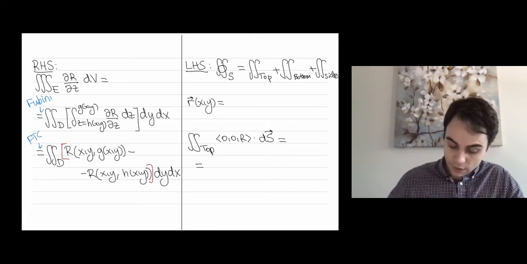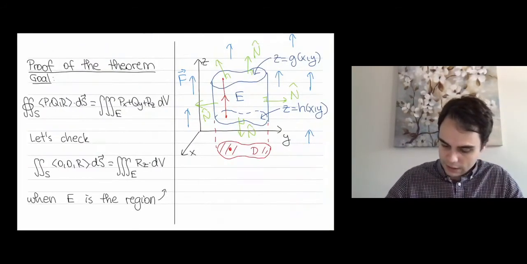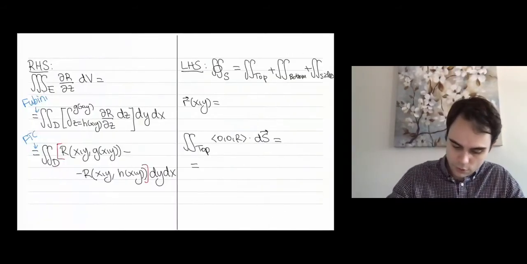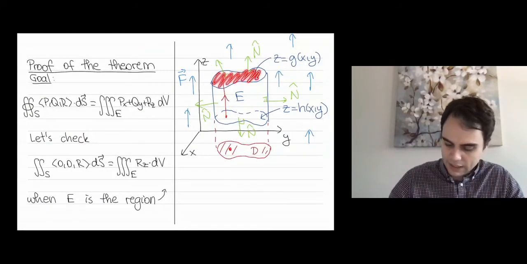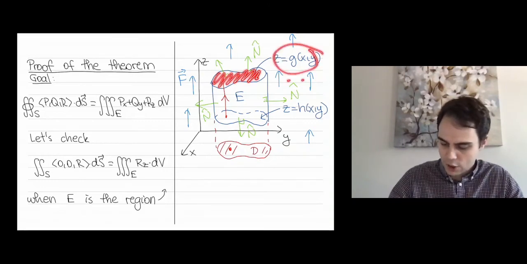The top here is the graph of the function g. We already know what dS is. We're going to parameterize the top by saying that x is x, y is y, and z is g.